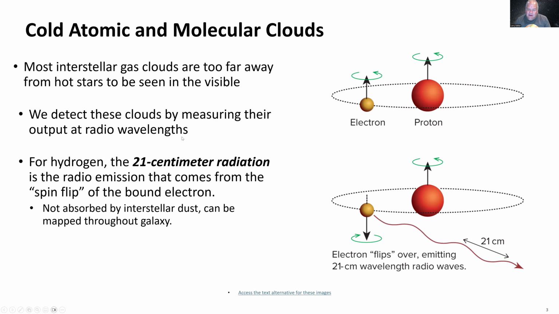When it does that, it emits energy in the form of electromagnetic light at 21 centimeters. So radio waves are emitted by hydrogen when this happens, and this can happen at low temperatures. This allows us to detect where hydrogen is throughout the universe with radio wave light.